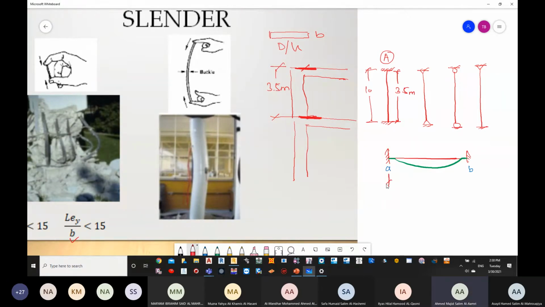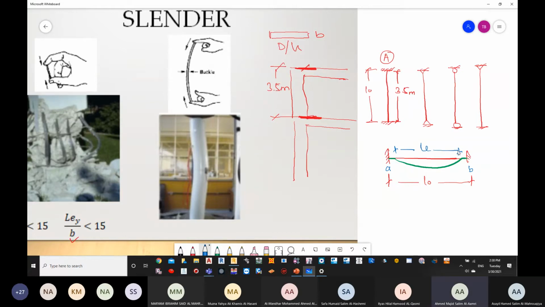Now, the distance from A to B is known as L0, or the clear height, which is 3.5 meter. The distance between the points of failure is what we call the effective length.